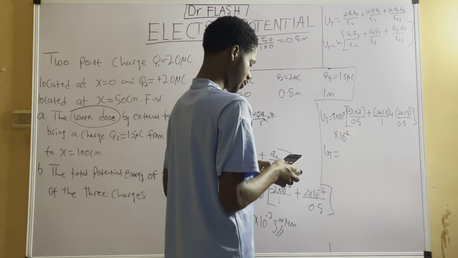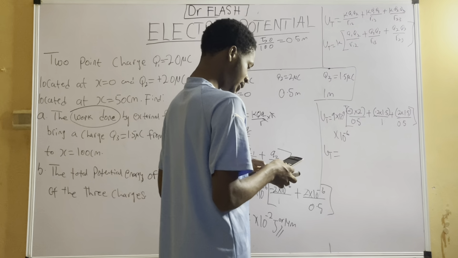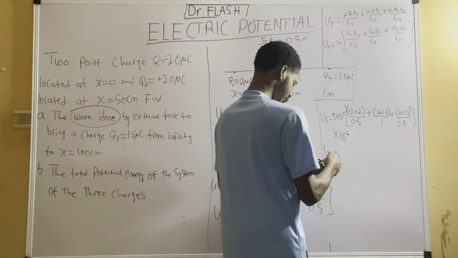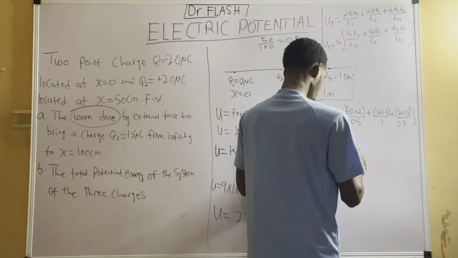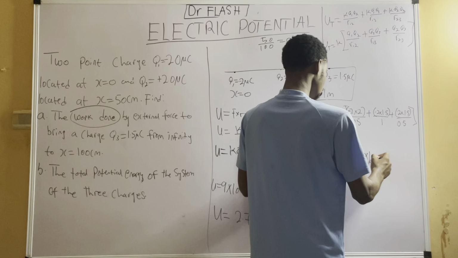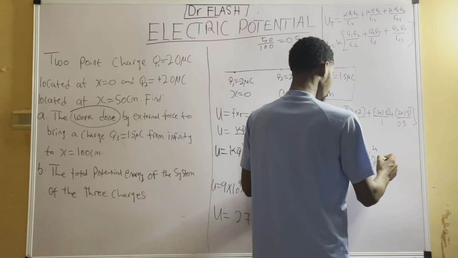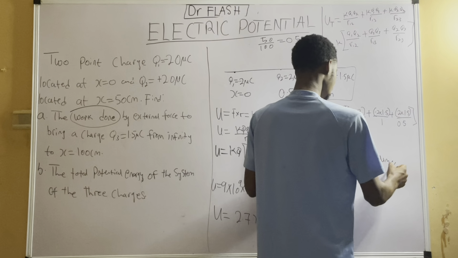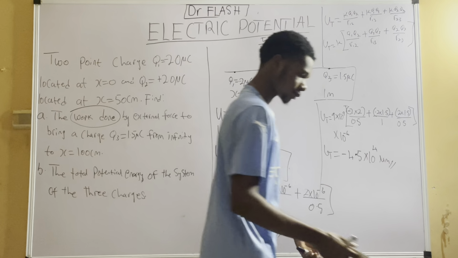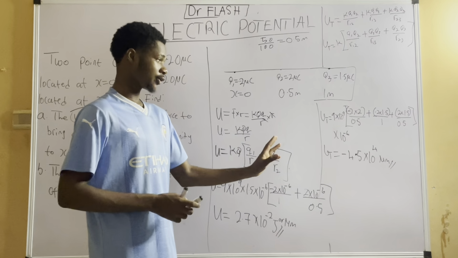So we have plus 6, all multiplied by 10 to the power of minus 6. So I'm getting a value of minus 4.5 times 10 to the power of 4 Newton meters. Now here is the value for the total potential energy in the system, which we were asked to calculate, and I just solved it there.